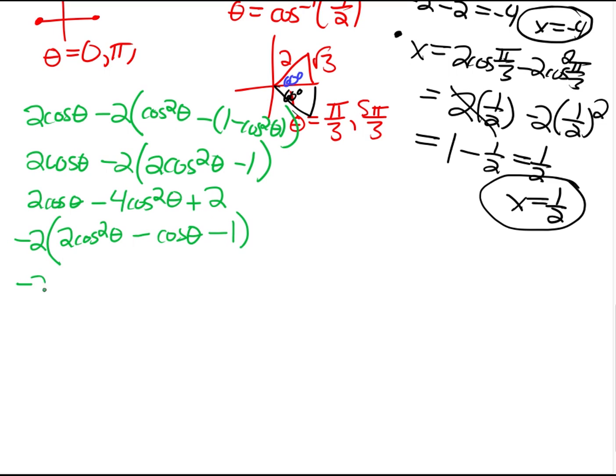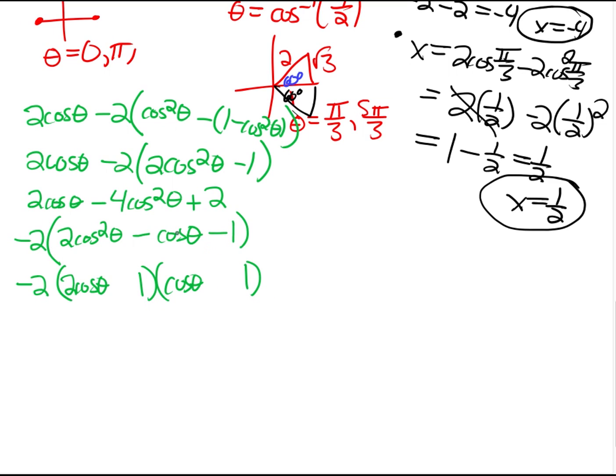Okay, that looks like it's something that I can factor. So you could do this with guess and check, or you could use the little longer procedure where you do like 2 times negative 1, if you remember what I'm talking about there. This one's pretty easy to guess and check, though. So I'm just going to say it factors into 2 cosine times cosine. That'll be my 2 cosine squared, and 1 doesn't give you very many options, so it's going to be 1 and 1. The only question is, what signs do we want?